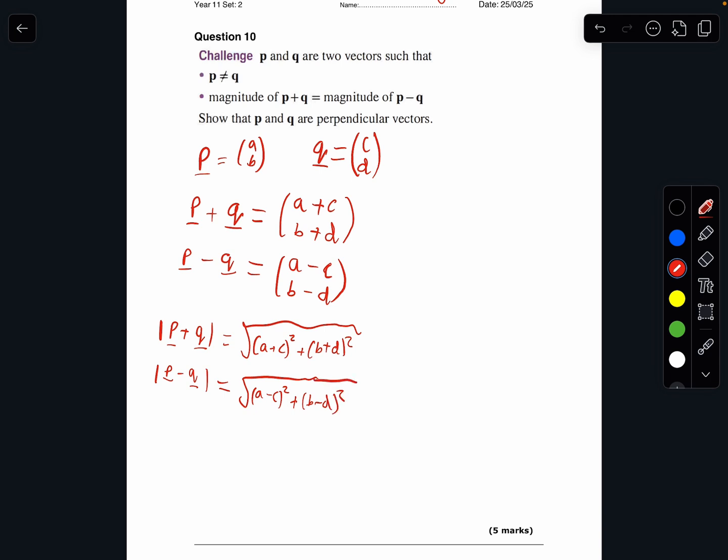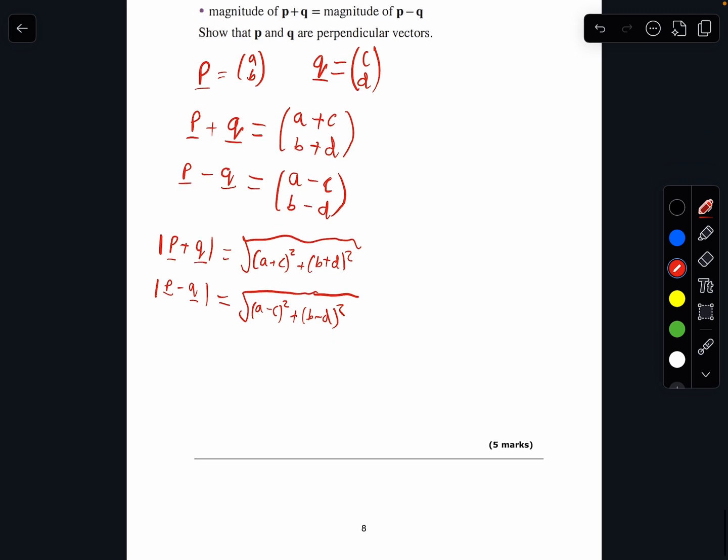Right. Now I know that these two are equal to each other because I'm told they are equal to each other. So I can say that the square root of A plus C all squared plus B plus D all squared is equal to the square root of A minus C all squared plus B minus D all squared.